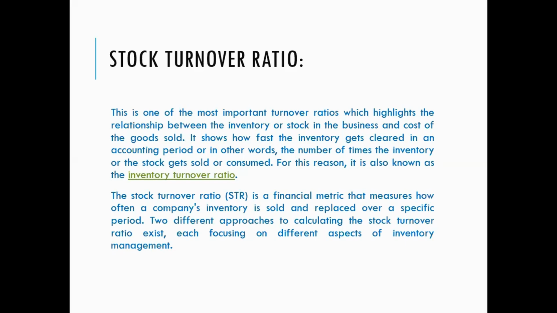A stock turnover ratio is a financial metric that measures how often a company's inventory is sold or replaced over a specific period. Two different approaches to calculating the stock turnover ratio exist, focusing on different aspects of inventory management.